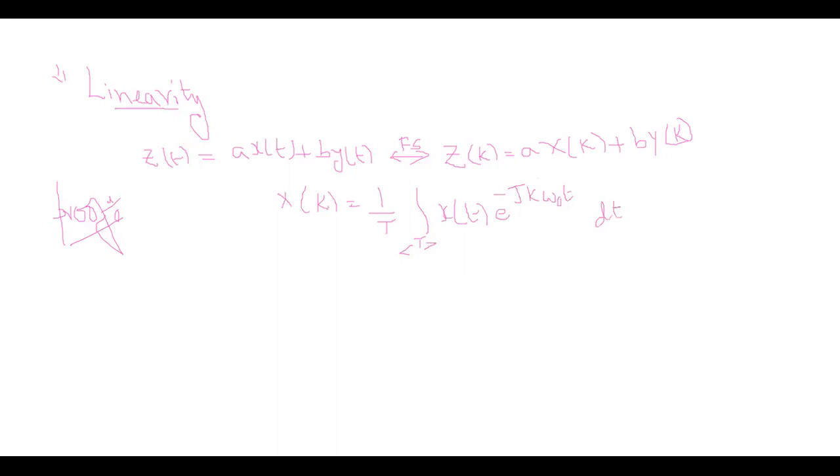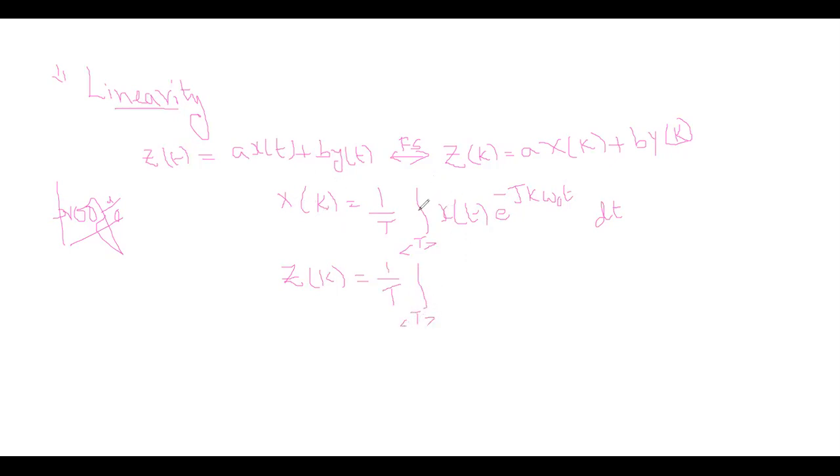According to the analysis equation of the exponential Fourier series, take this x of k as z of k, which is equal to 1 by T integral over T. So what is the x of t now?